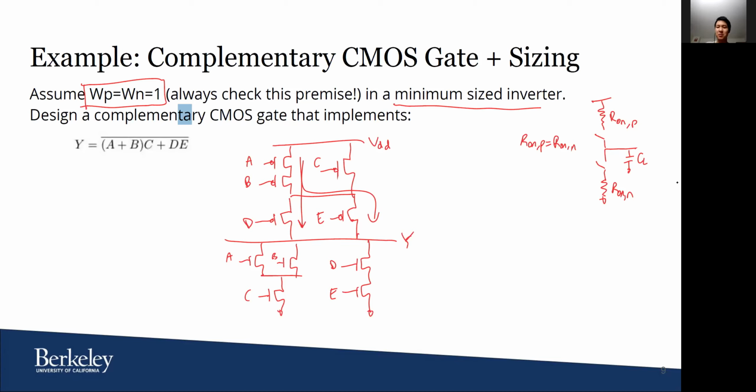What width would we put on these PMOS transistors? W/3. So you're saying you want 1/3 here? If you put 1/3, 1/3, 1/3, what would be the equivalent resistance going through 3 transistors of width 1/3?